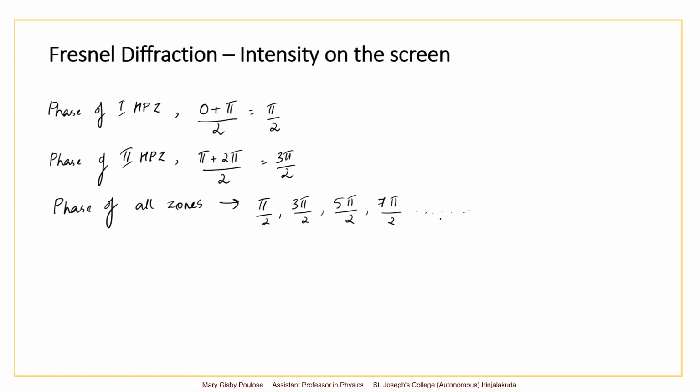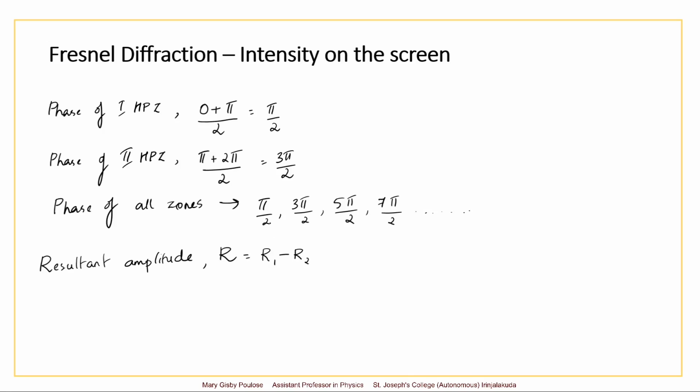Hence, when all these amplitudes from the different zones add up, we have to take into account their phases. The resultant amplitude R will be equal to R1 minus R2.